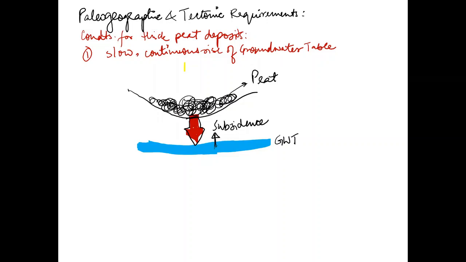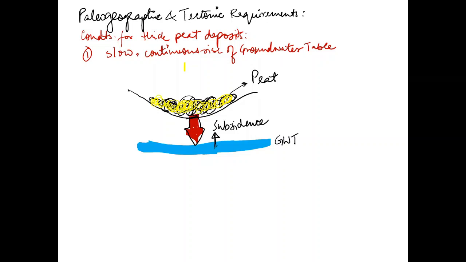So what will happen if this groundwater table is rising continuously and slowly? Then it will save this peat material from getting subsided and going to some depth where it might not get converted to coal properly.